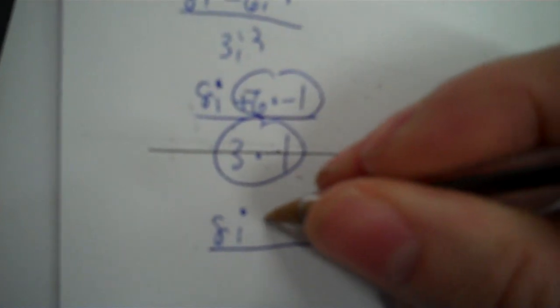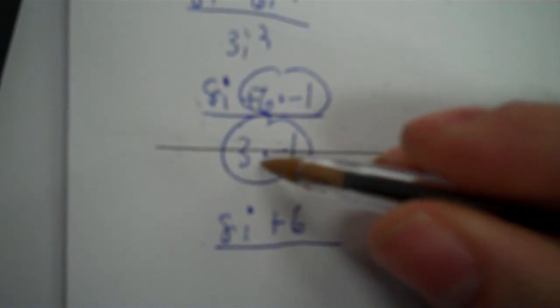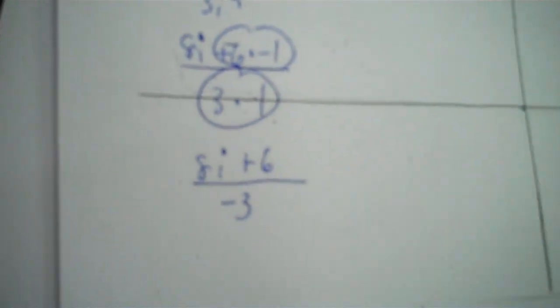So then all the i squareds now have a value of -1. So it's going to be -6 times -1, and that's going to be 3 times -1. And then you find those products, and you have 8i plus 6, because -6 times -1 is 6, and 3 times -1 is -3.